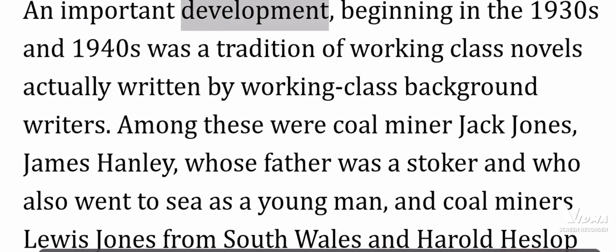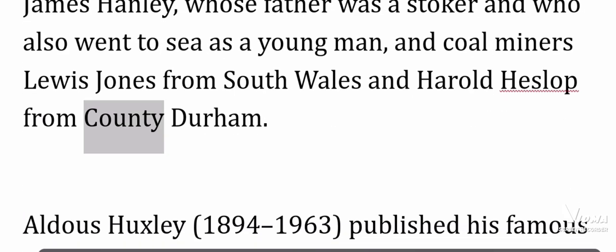An important development, beginning in the 1930s and 1940s, was a tradition of working-class novels actually written by working-class background writers. Among these were coal miner Jack Jones, James Hanley, whose father was a stoker and who also went to sea as a young man, and coal miners Lewis Jones from South Wales and Harold Heslop from County Durham.